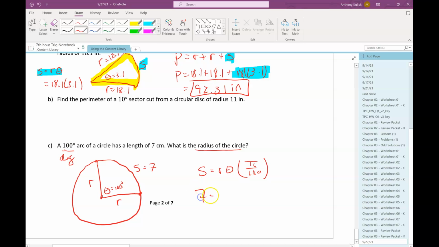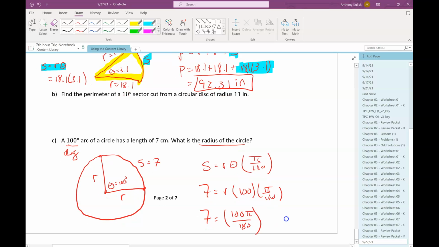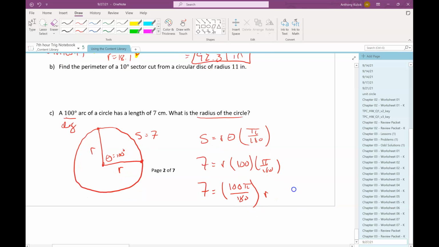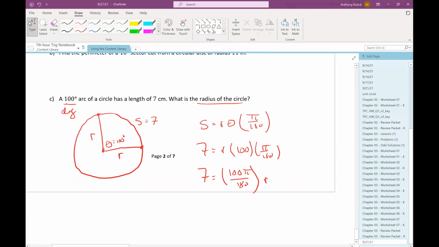So I can say 7 is equal to R times 100 times pi over 180. So if I multiply that together into a single fraction, that's 100 pi over 180 times R. So to get the R by itself, I'm just going to multiply by the reciprocal.